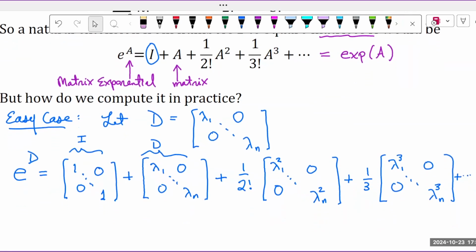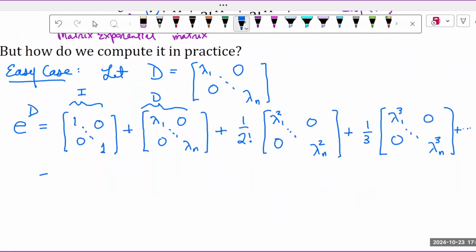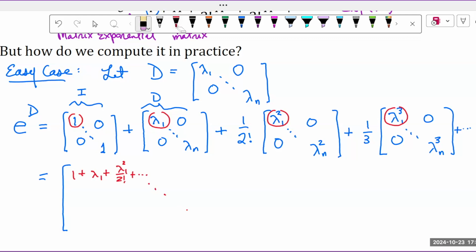So what this gives us when we start adding everything together, put all of these into one large matrix and take, for example, the upper left-hand term in this sum, and we get an upper left-hand term in our sum matrix that itself is an infinite series. We can do the same thing along each diagonal, and the final nth term, the n position, will also be an infinite series, but in terms of lambda n instead of lambda 1.